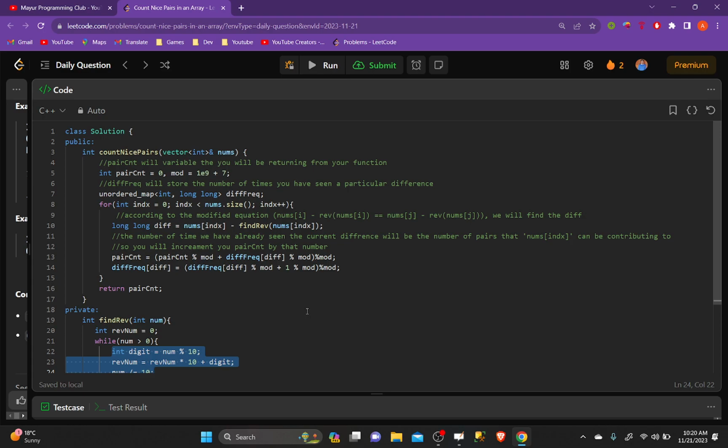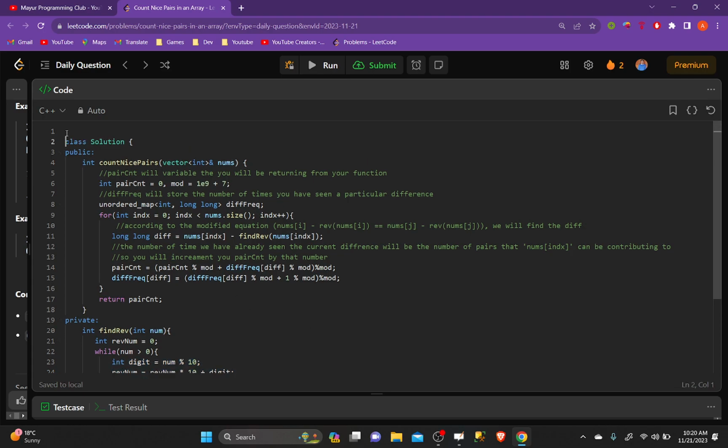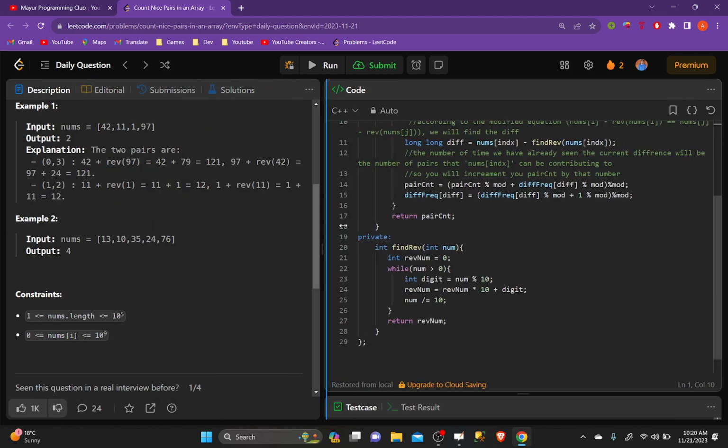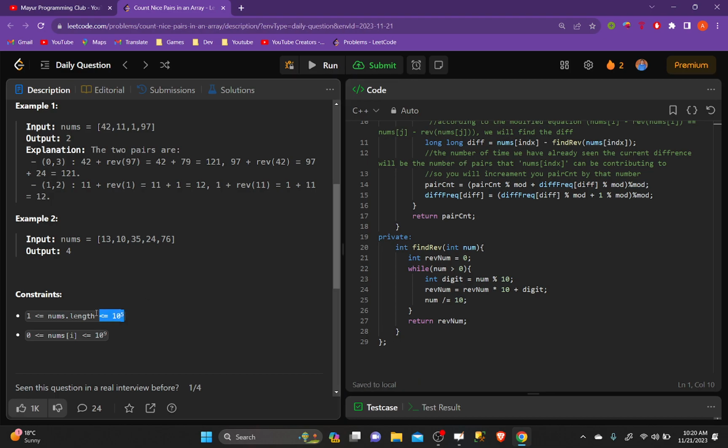So if you may ask, what will be the time complexity and the space complexity here? Okay, the time complexity is order of n here only. Why order of n? Why we are not counting this? Because if you see that only 10 raised to power 5 is the maximum number that can be allowed.